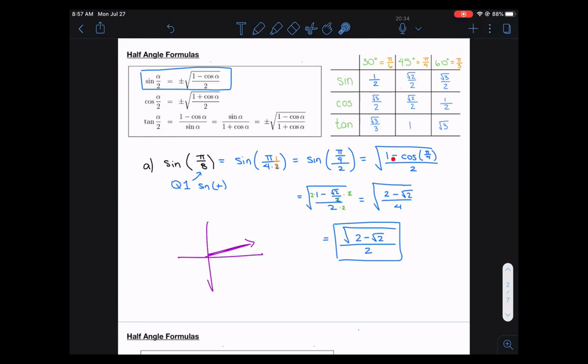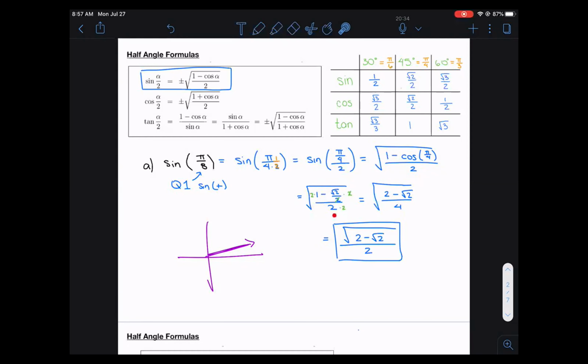So we know it's 1 minus cosine of alpha, all over 2, and alpha is pi over 4, so you plug that in. Then we simplify from here. Cosine of pi over 4 is the square root of 2 over 2. So you put that in, and now you simplify a bit.